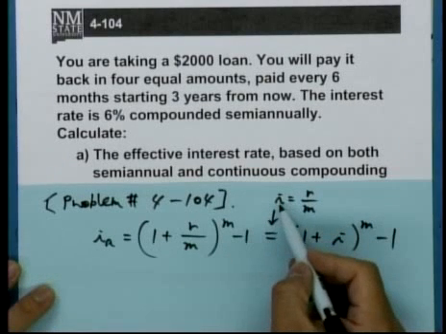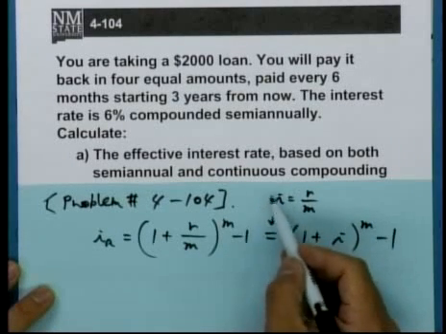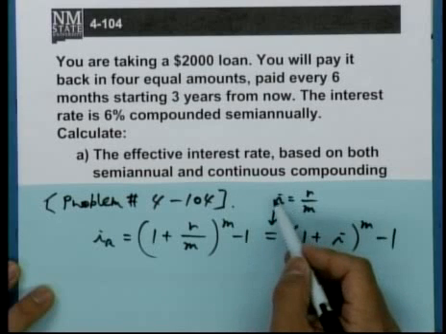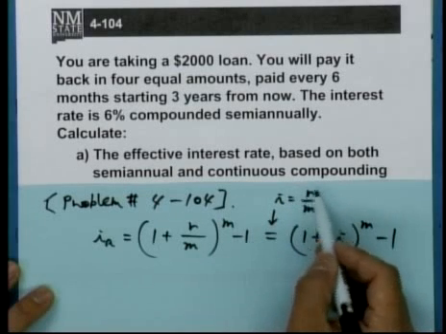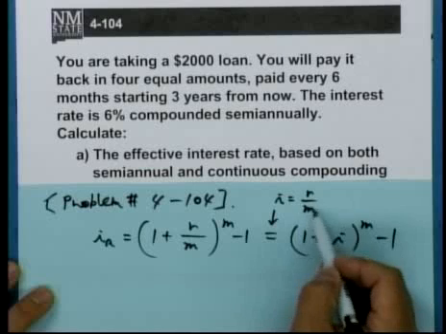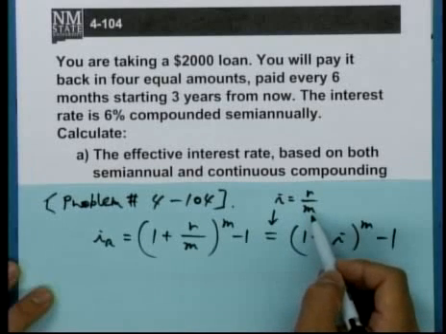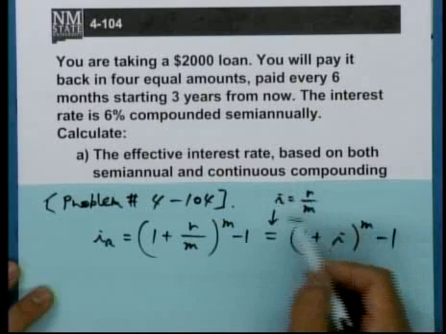You know, I is the interest rate per compounding period. R is the nominal interest rate. M is the number of compounding periods per year, right? So I want you to keep in mind this.